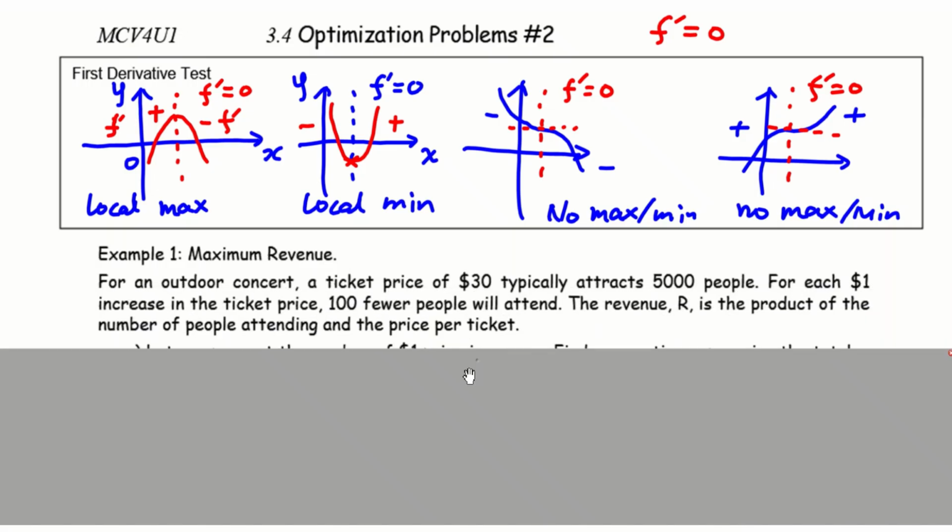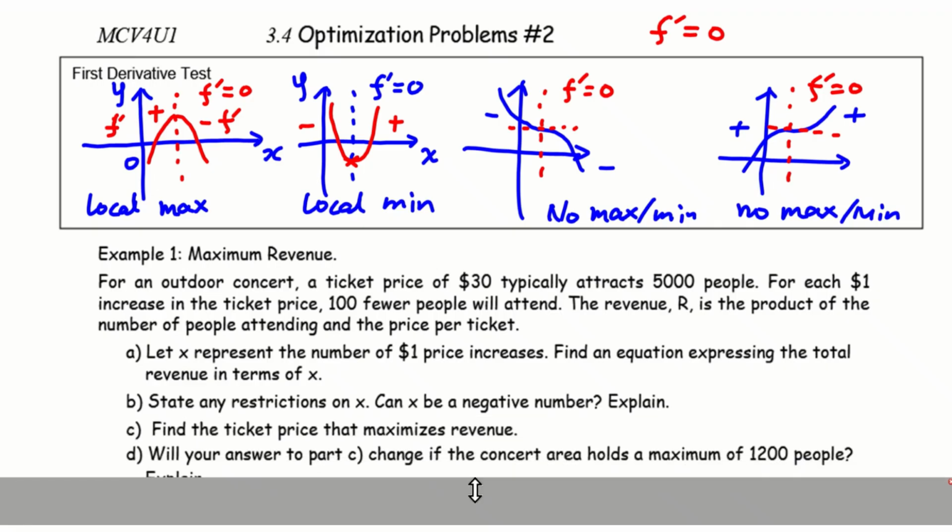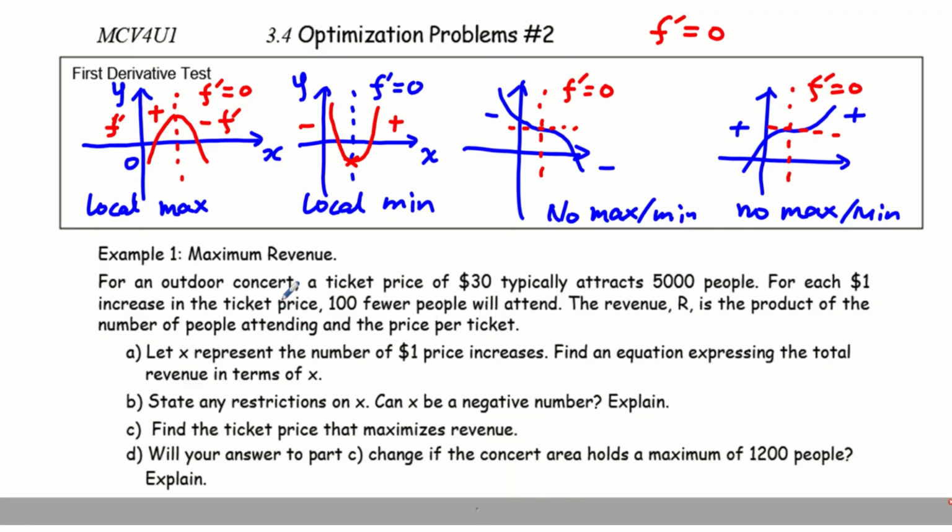Now we are going to look at one example and see how we can use the first derivative to find the maximum or minimum in the financial field. Maximum revenue for an outdoor concert, a ticket price of $30.